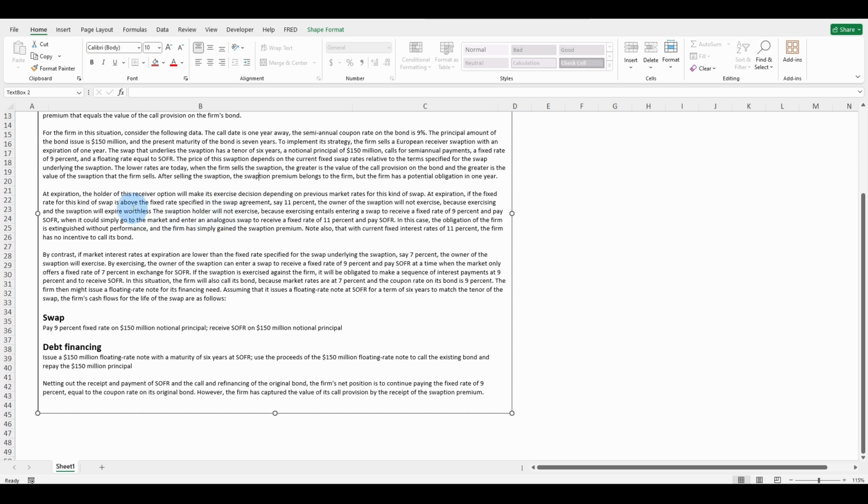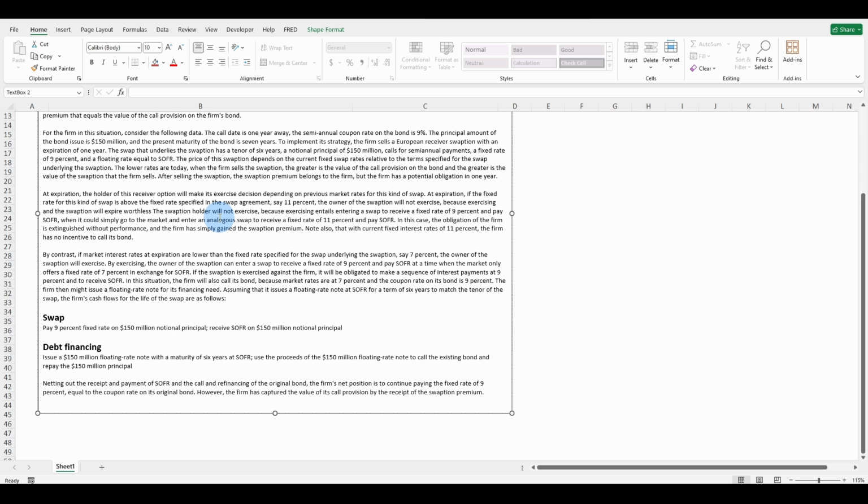At expiration, the holder of this receiver option will make its exercise decision depending on market rates for this kind of swap. At expiration, if the fixed rate for this kind of swap is above the fixed rate specified in the swap agreement, say 11%, the owner of the swaption will not exercise, and the swaption will expire worthless.